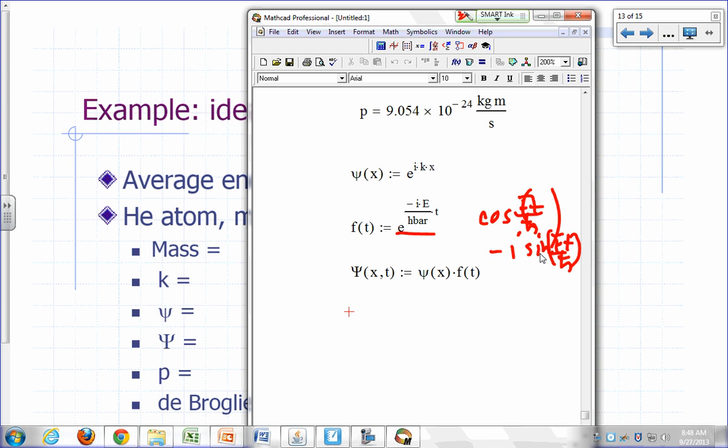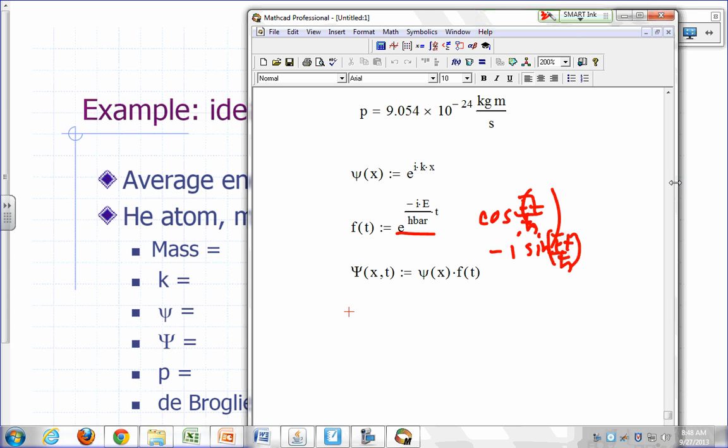And remember we said before, anytime you have something like cosine or sine, it's better to write it like cosine 2 pi t over tau, so you can get the period of the oscillation, or sine 2 pi t over tau.